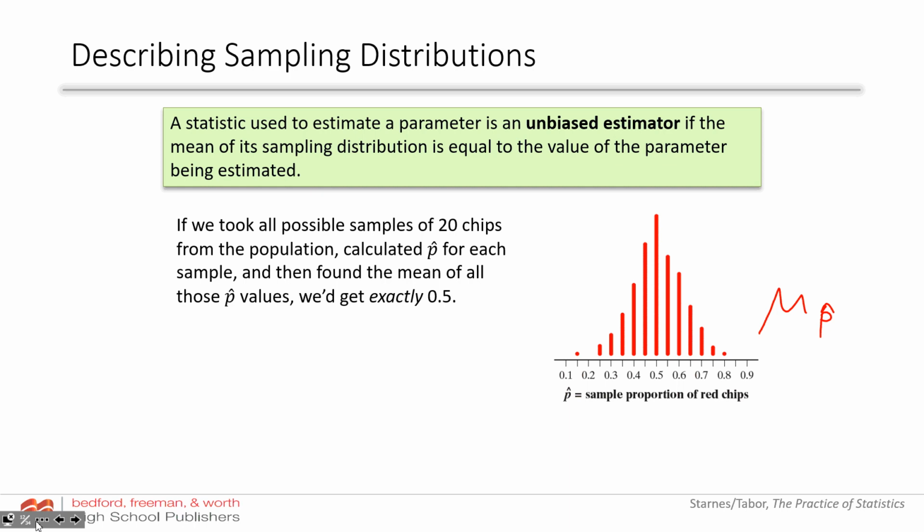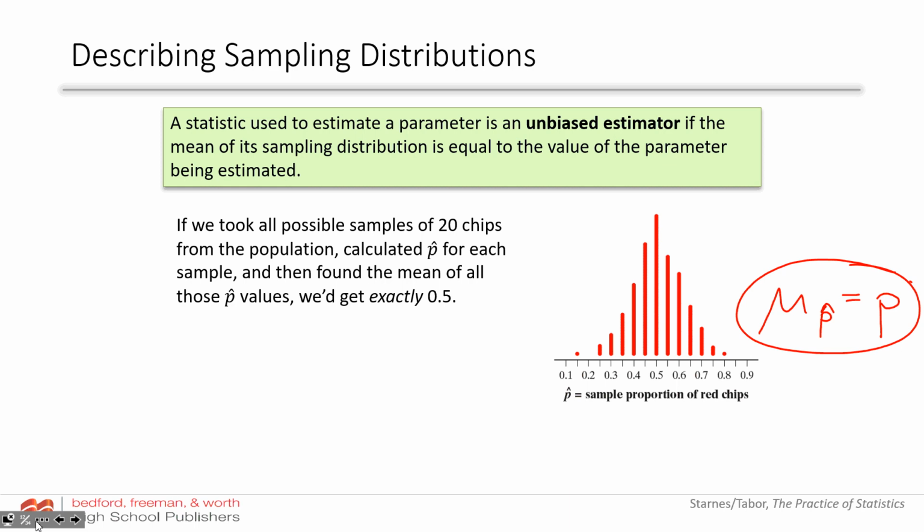This notation means the mean of the sampling distribution for p hat. If this is equal to the parameter being estimated, well, why do we take p hat? We take p hat to estimate the population proportion p. So if this is true, then we say that p hat is an unbiased estimator.